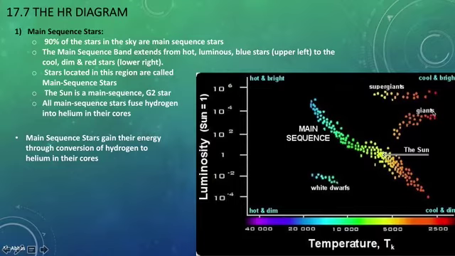So stars in the giant branch were previously in the main sequence branch. When they were in the main sequence branch, they were fusing hydrogen to helium. But as the hydrogen was used up and fused to helium, the core has no more hydrogen, but it has a lot of helium.